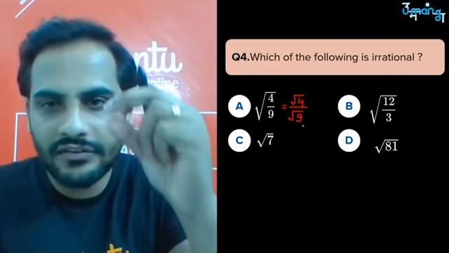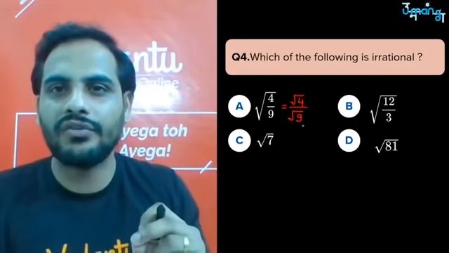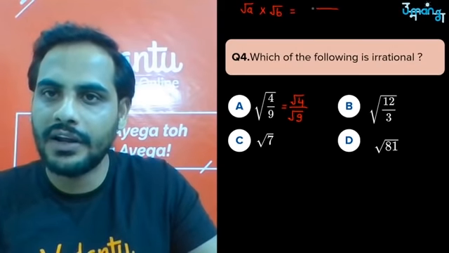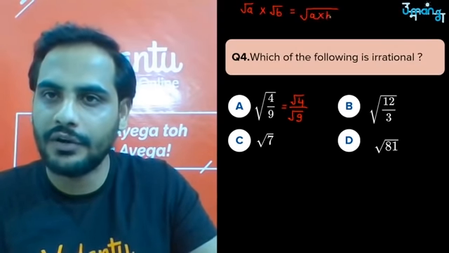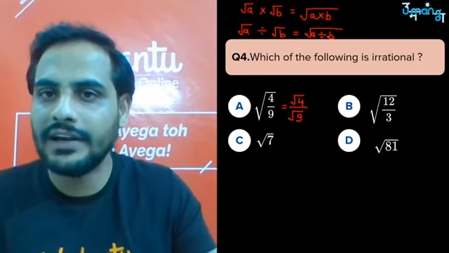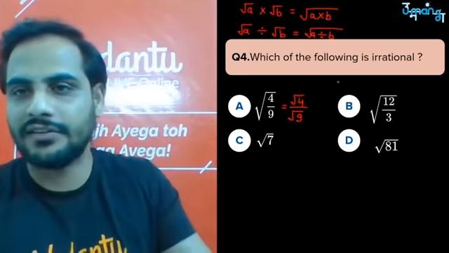Remember, the distribution of this square root sign you can only do in division or in multiplication. That means square root of a into square root of b, then you can take the square root common, you can write it as square root of a into b. Or if square root of a divided by square root of b is there, then you can do square root of a divided by b. Only in division and multiplication this is possible.